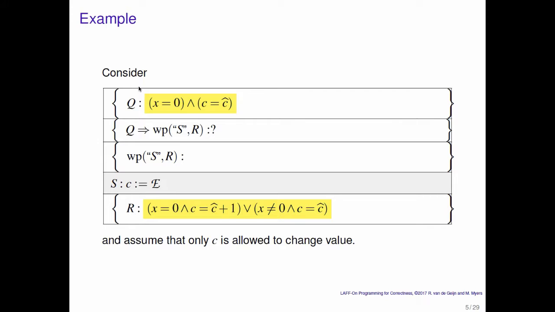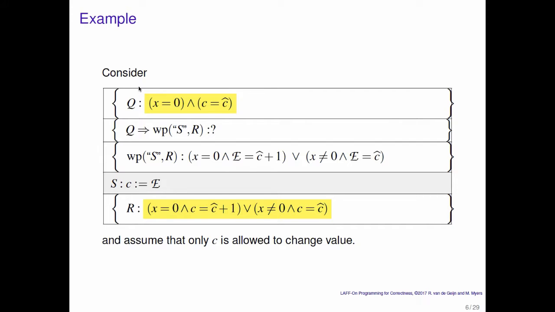We don't know what the expression is, but we do know how to compute the weakest precondition. That's a matter of substituting the expression e in for every occurrence of c. Strictly speaking, we probably should have had some parentheses here, but it's all going to be okay.